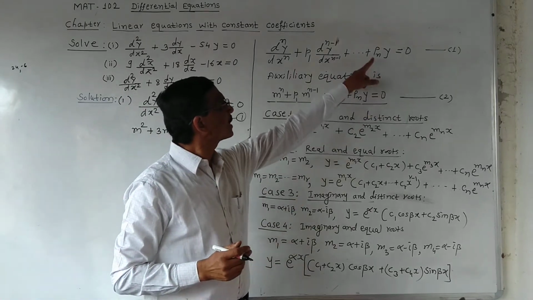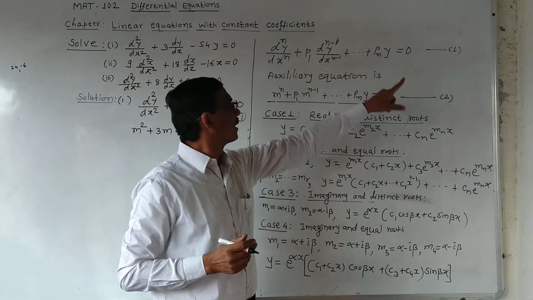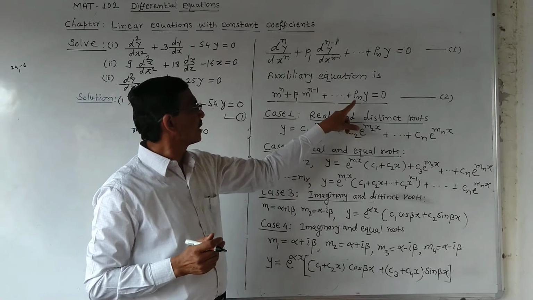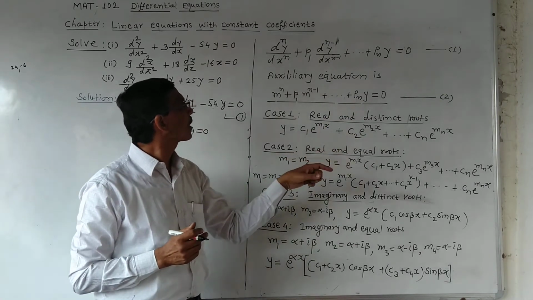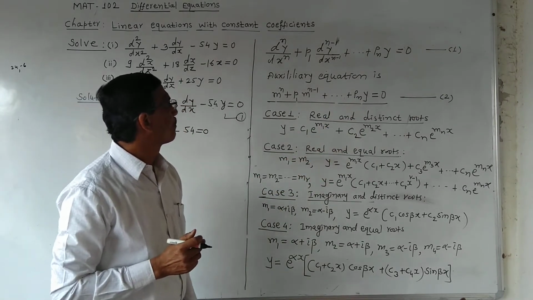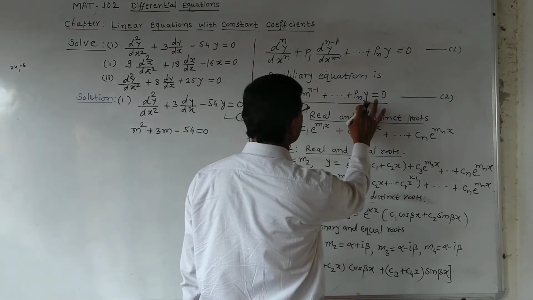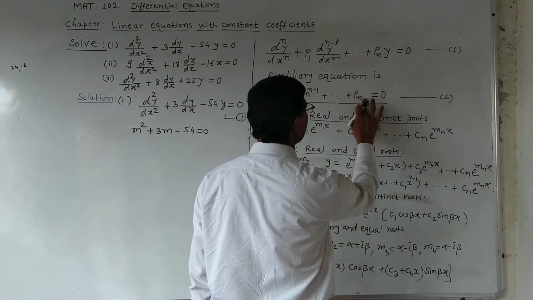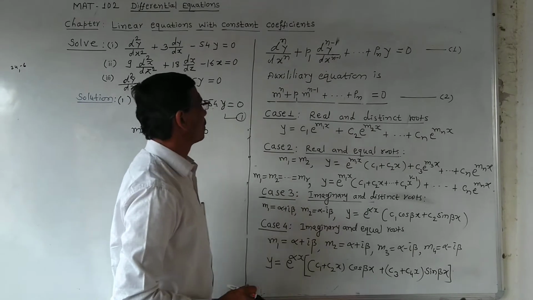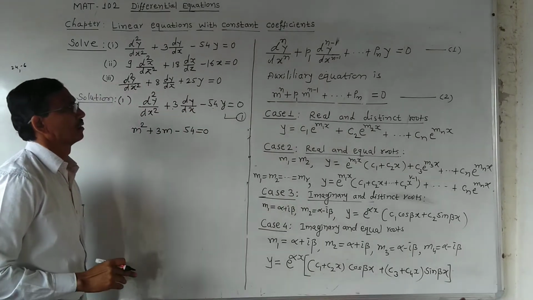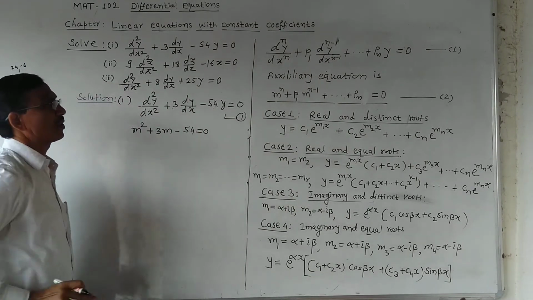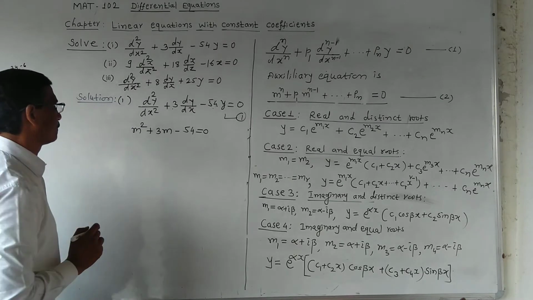Look here, the last term is pn, so the auxiliary equation ends with pn, sorry, this is not y, pn. Minus 54 is equal to 0.